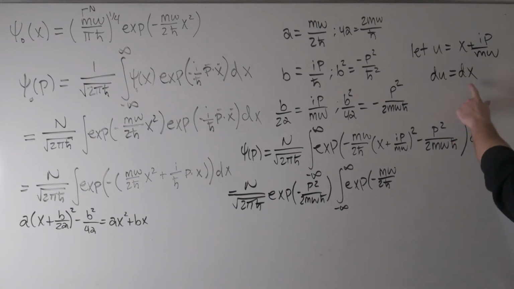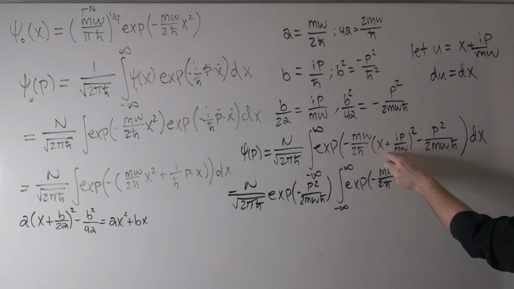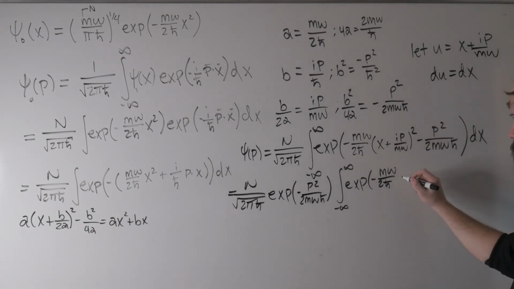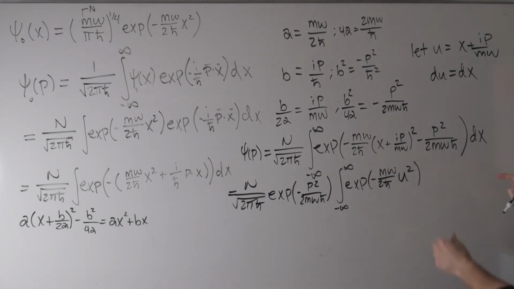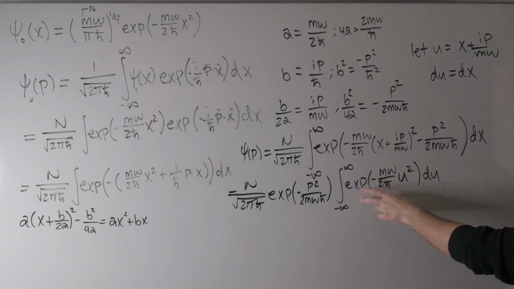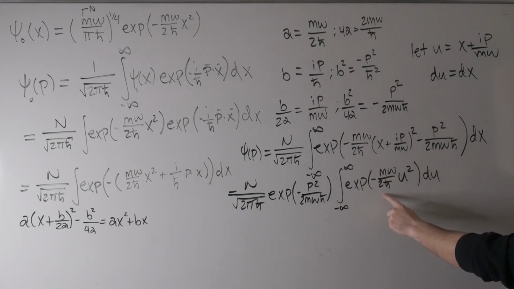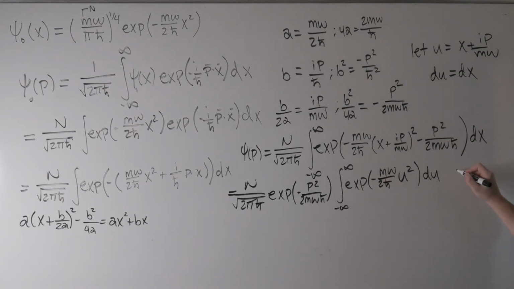Okay? So we can call this quantity in the exponential that's squared just u squared. And then we no longer have this term. This has been pulled outside of the integral, and we're integrating with respect to u. And finally, we have a Gaussian that we know how to work with. In this case, lambda is going to be m omega over 2h bar.